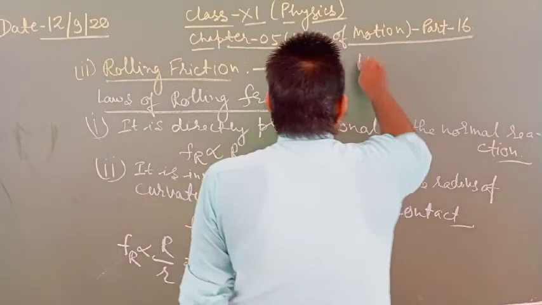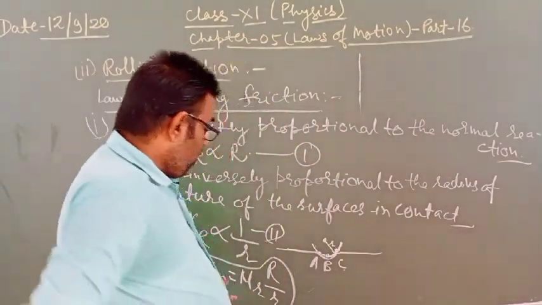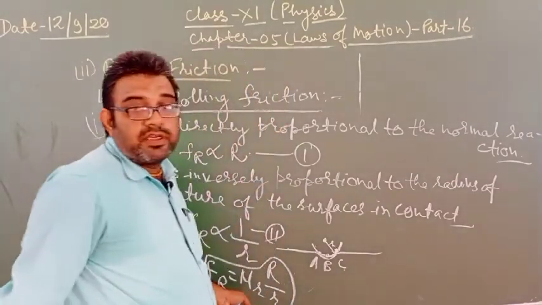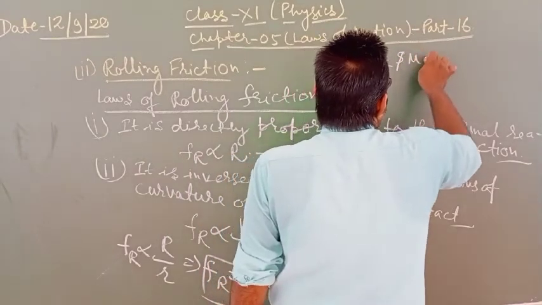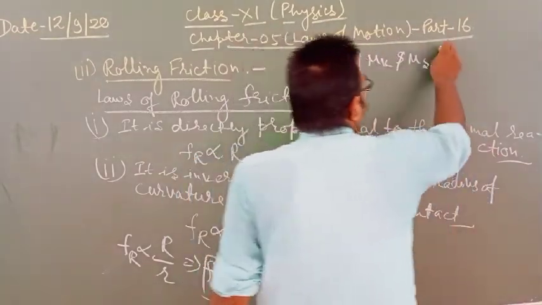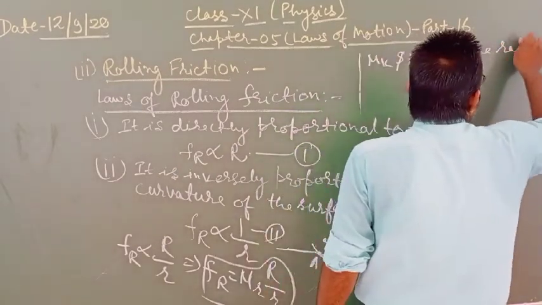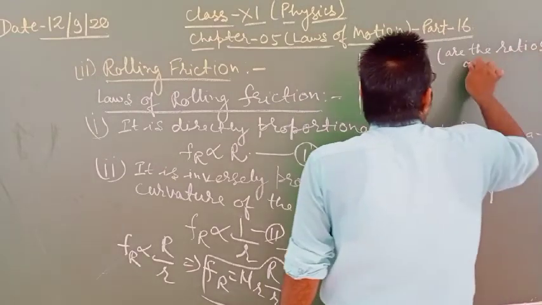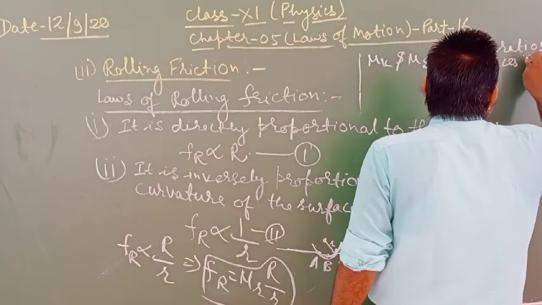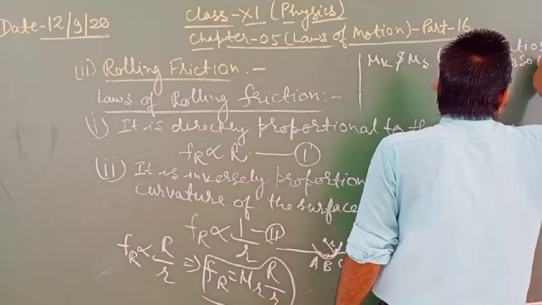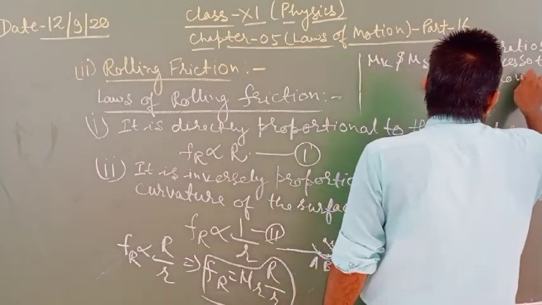As in the previous cases, we discussed that the coefficient of kinetic friction and the coefficient of static friction are ratios of forces, so they have no unit.